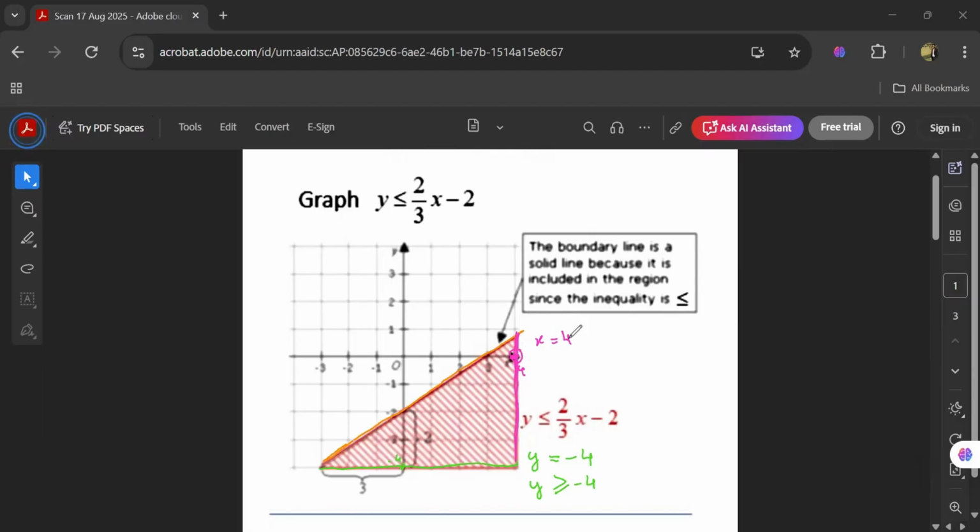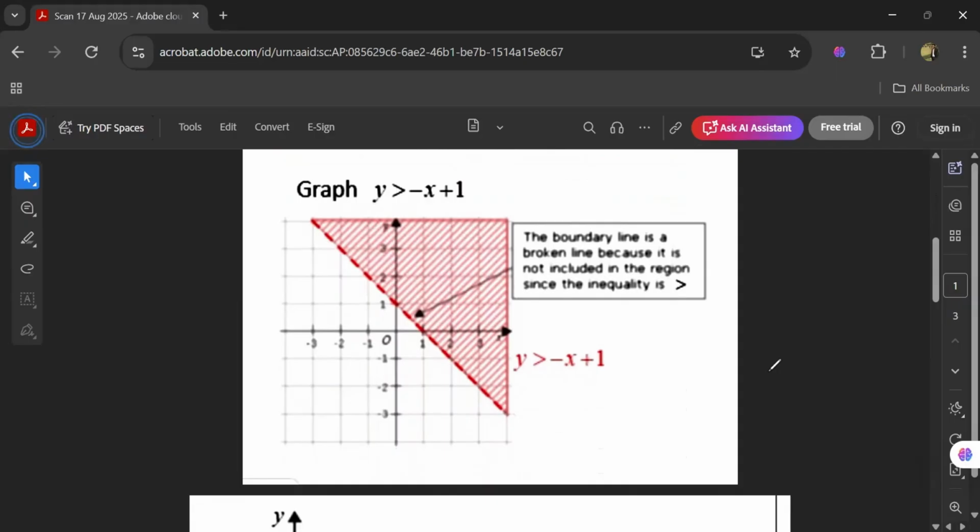Vertical lines, the intercept is at the x-axis. And for the horizontal line, the intercept is at the y-axis. The shading is on the left side of the x equal to 4 line. It means it is decreasing. So changing into inequality, it will become x is lesser than and equal to 4.